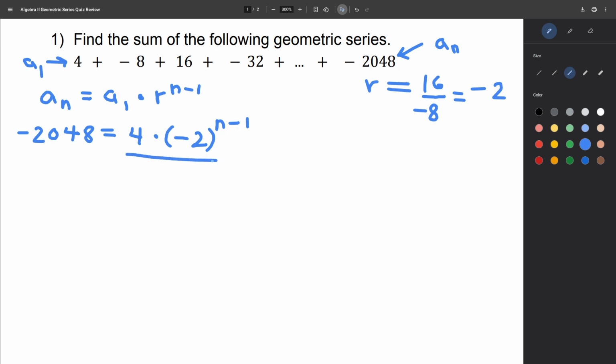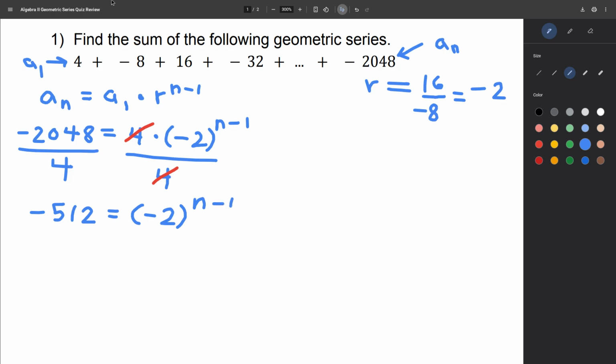So we're first going to start by dividing by 4. So these 4's cancel out. And we'll get -512 equals -2 to the n minus 1.